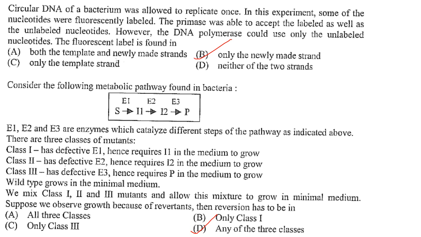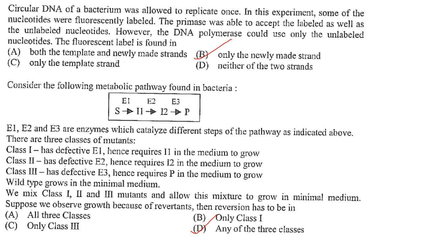The fluorescent label is found in... So the primase can accept both labeled and unlabeled nucleotides. The primer will be labeled. DNA polymerase can use only unlabeled nucleotides. So the newly synthesized strand will not be labeled, but the primer region will be labeled.